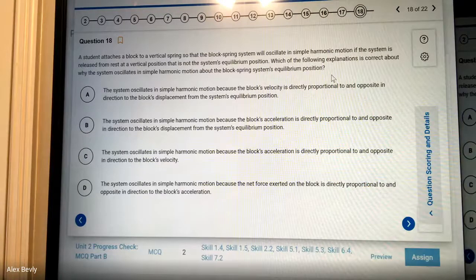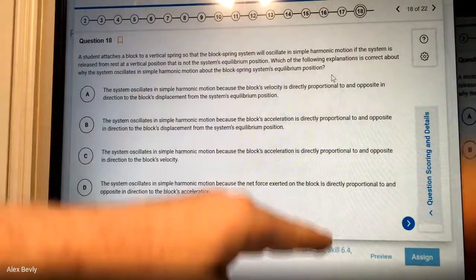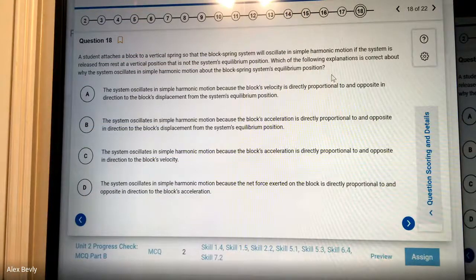Yeah, so we just have a vertical spring that's oscillating back and forth, up and down. So, what makes this simple harmonic motion? This is a word we use a lot for simple harmonic motion. It has to do with the position.